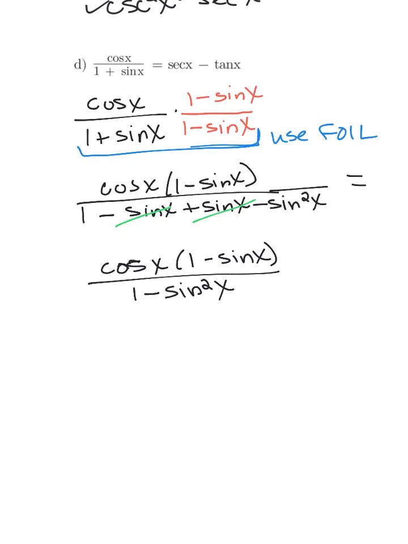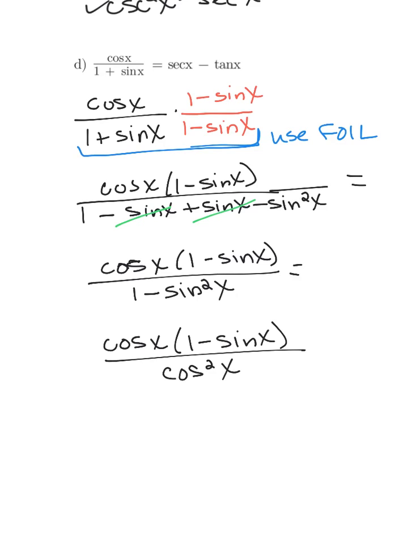Now we do have a squared that is a Pythagorean identity, so we are going to replace that denominator with what it's equal to. So we're going to have cosine of x times 1 minus sine of x over cosine squared of x.